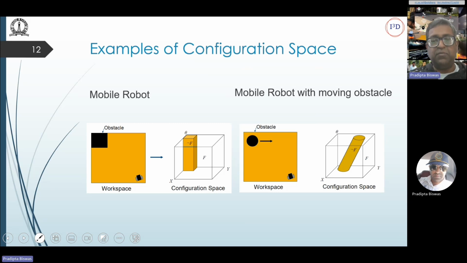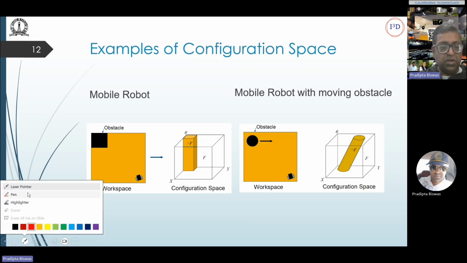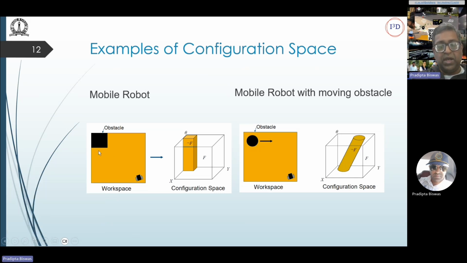So these are some more examples where we purposefully make a somewhat more simplified representation. Here we have this bot, and the obstacle is a very specific geometric shape. That's why in the Euclidean space, this XYZ space, we are getting a structure like a pillar here.